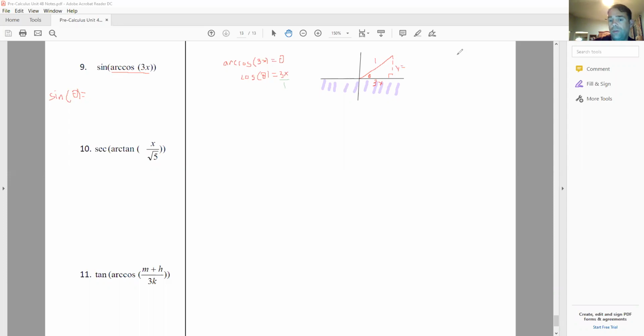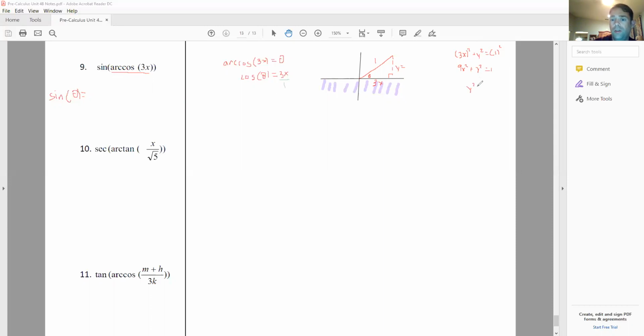So (3x) squared plus y squared equals 1 squared. So 9x squared plus y squared equals 1.